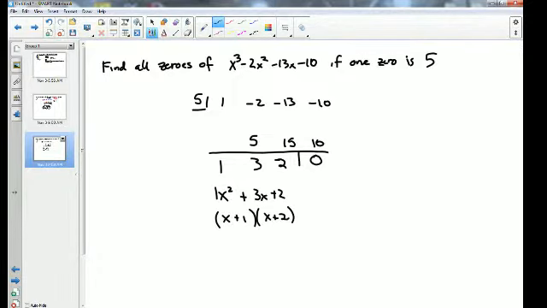You just simply do 1 and 2, right? So what are the zeros? X equals -2, -1, and 5. A little different situation there, but not really. Boom, shalaka-laka. Right?